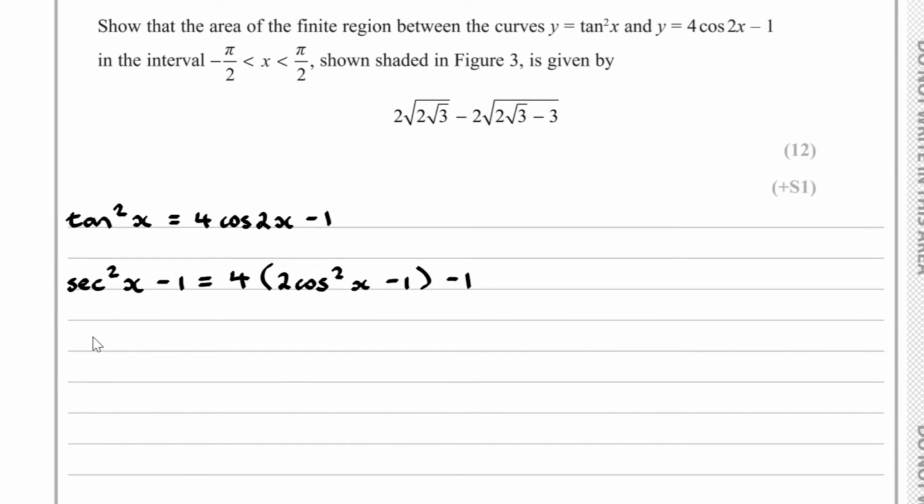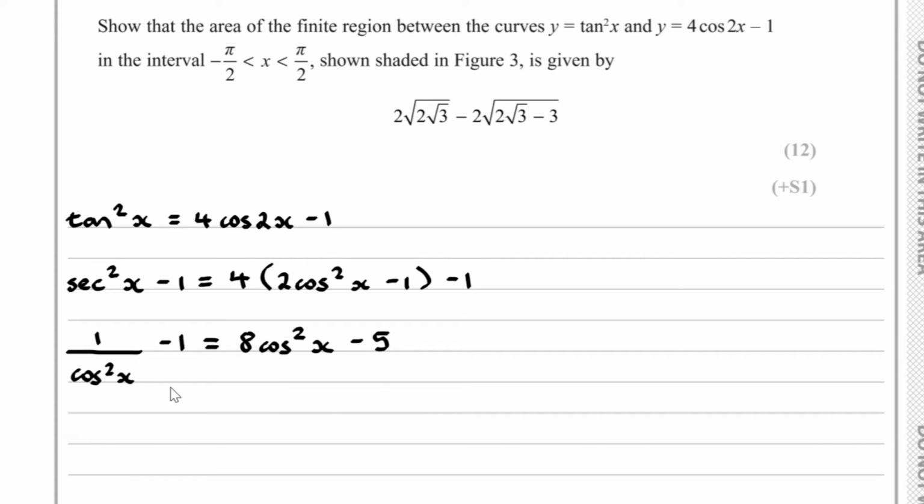Now if I rewrite sec squared as 1 over cos squared, I've got 1 over cos squared, and then I've got the minus 1. This is equal to 8 cos squared x, and then I've got minus 4 minus 1, which is minus 5.